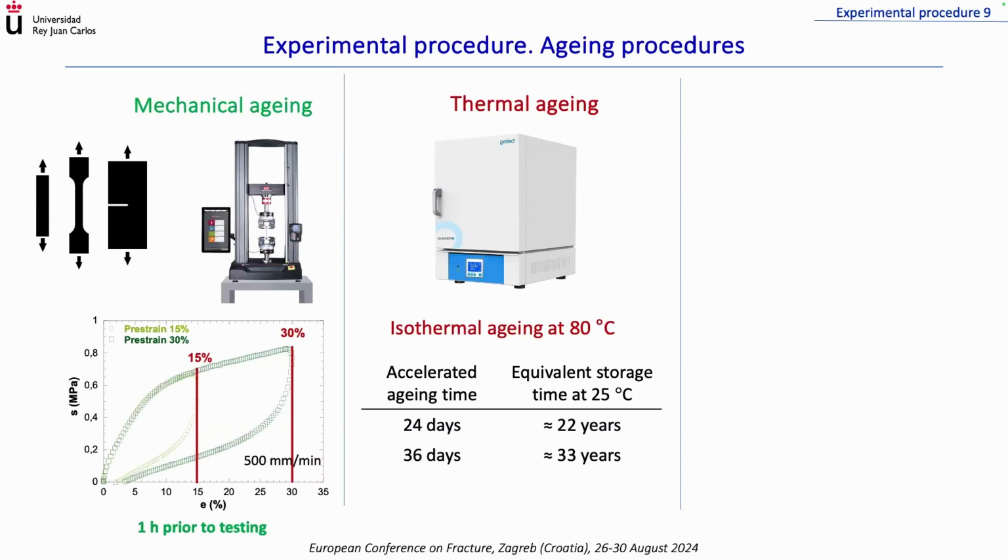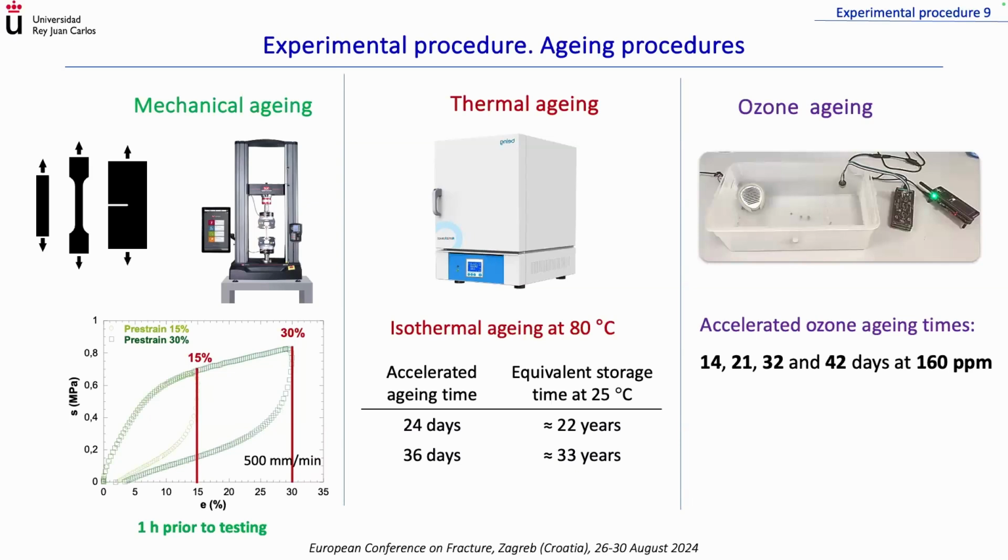That corresponds to approximately 22 years and 33 years of equivalent storage time at room temperature. And third, ozone aging, which consisted in putting the propellant inside an ozone chamber for 14, 21, 32, and 42 days at an ozone concentration of 160 ppm.